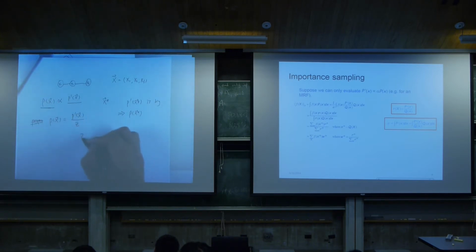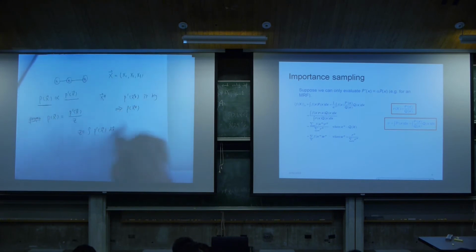And Z is defined as the integration of p'(x) dx. Basically, given any configuration of the vector x, you sum them up. That gives you Z. But in reality, this quantity here is really hard to compute. By contrast, this potential function here is easy to evaluate.